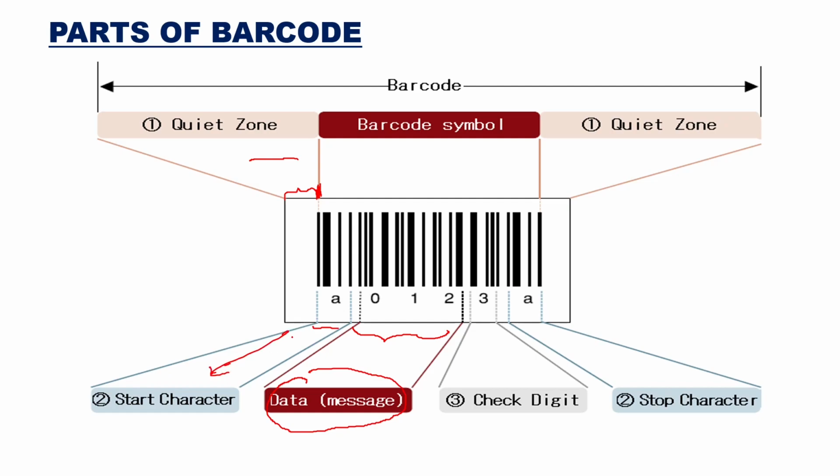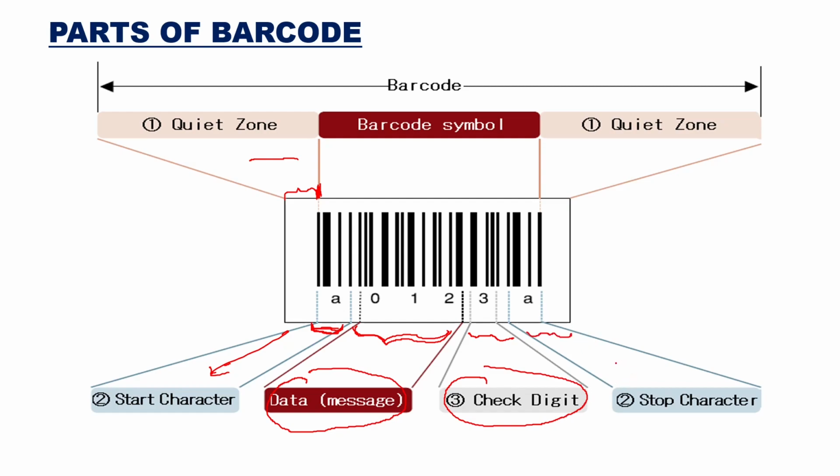The start character will tell you that the data is going to start. First of everything you will have a start character, and then after the start character you have your data message, and after the data message you have the check digit, which is going to check your data validity, and then you have your stop character.